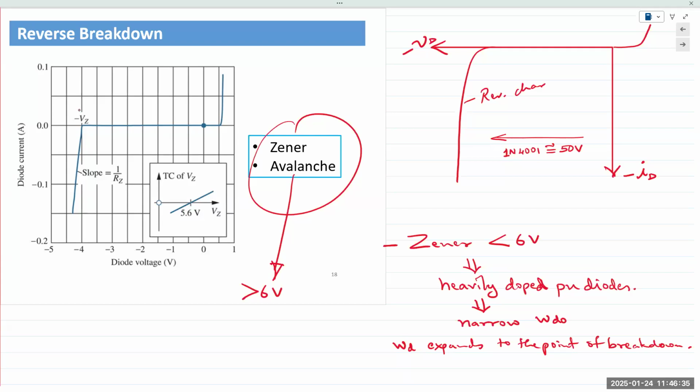So it's also known as the impact ionization process. Technically, it would be referred to as avalanche breakdown due to impact ionization.